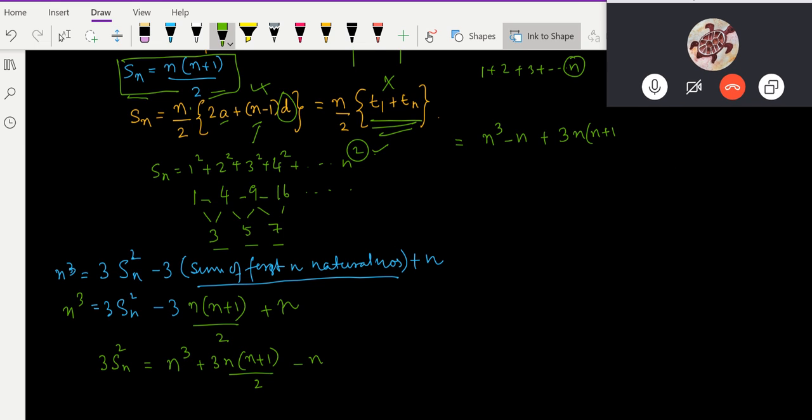3 into n plus 1 by 2. So this I can write as n into n square minus 1, right? Plus 3 by 2 into n plus 1. What is n square minus 1?